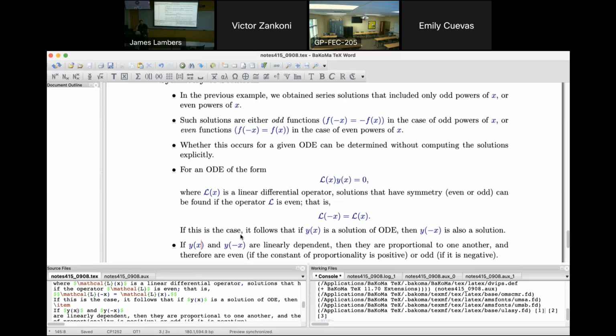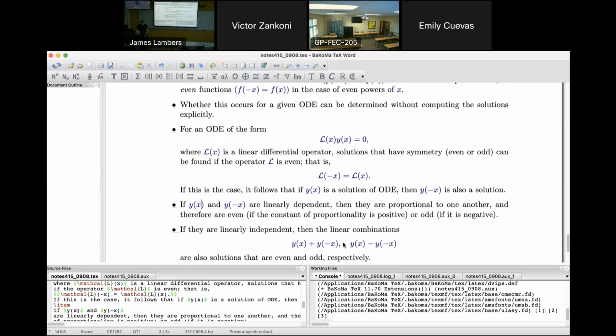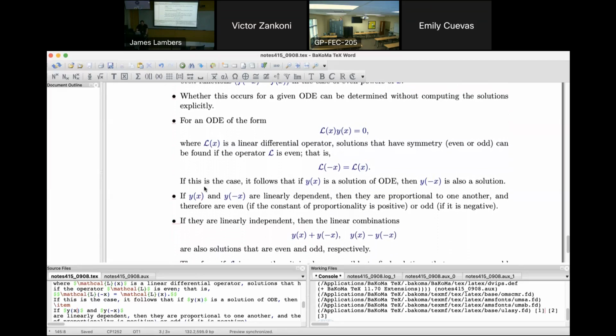If it's negative, then it's an odd function. If y of x and y of minus x are not multiples of each other, then you don't have them being even or odd.